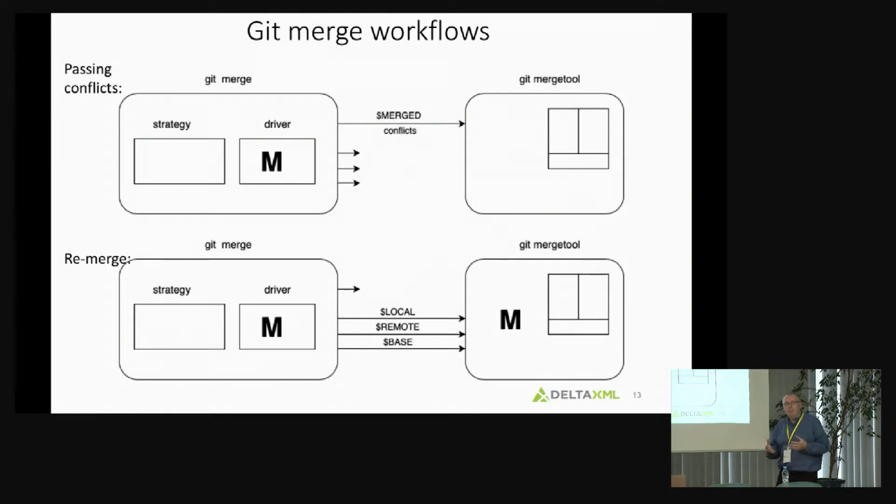Perhaps it does that because it needs better data structures than it can get out of the textual representation. But that is a common pattern we see in a number of merge tools as well. And so in order to explore this a little bit more, I'd like to consider two examples of a textual merge.